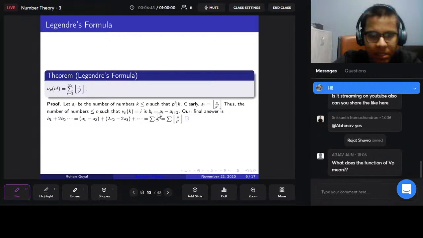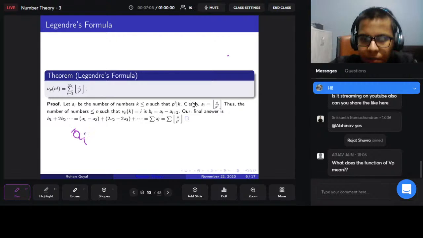We are not saying that v_p(k) is equal to i, but we're just saying p to the i divides k. So now you can see that A_i will be the floor of n by p to the i.